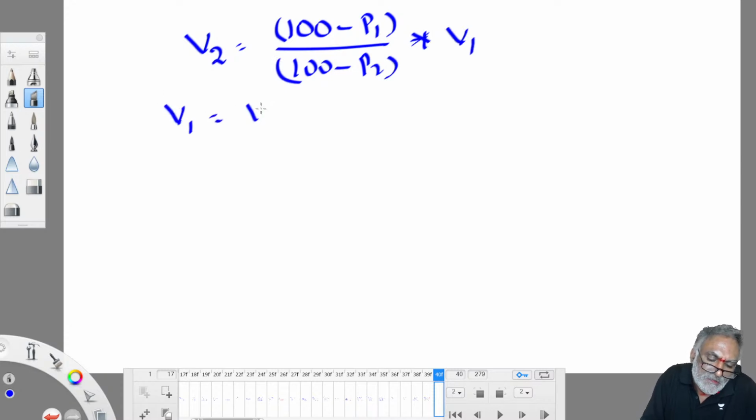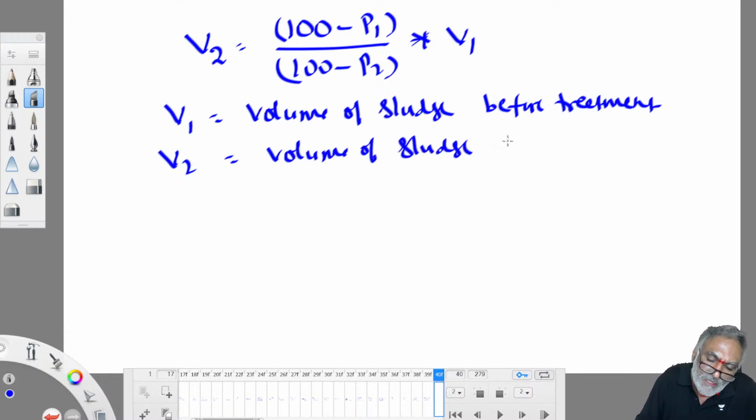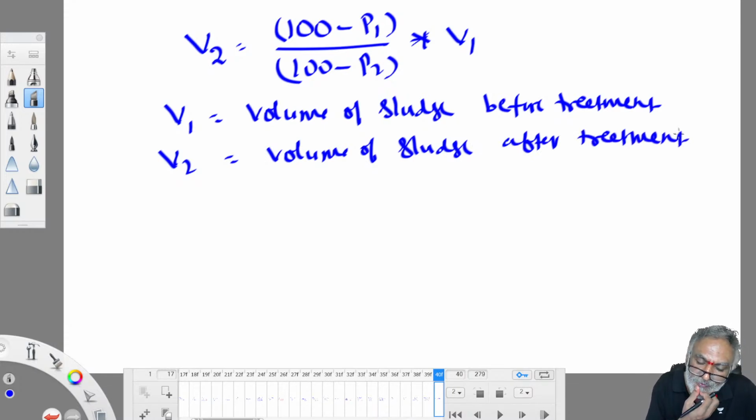V1 is equal to volume of sludge before treatment, and V2 is the volume of sludge after reducing moisture content, after treatment. So volume reduction takes place.